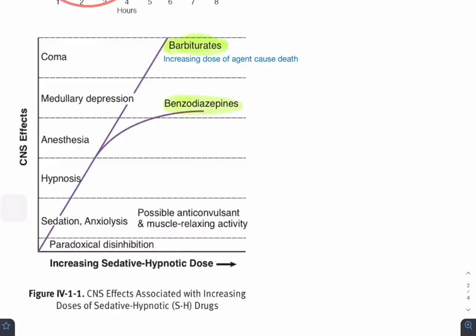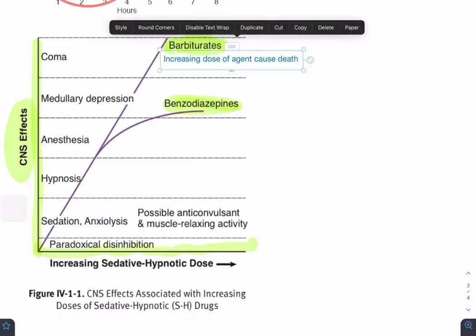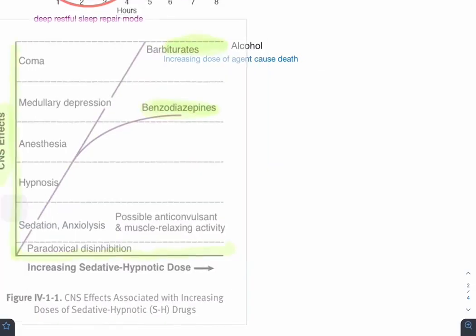Which is more dangerous? Looking at this graph I'm showing you right now, where the y-axis is the CNS effect versus the x-axis, which is the increasing dose of this drug class, benzo versus barbiturates. Which of them do you think is more dangerous?